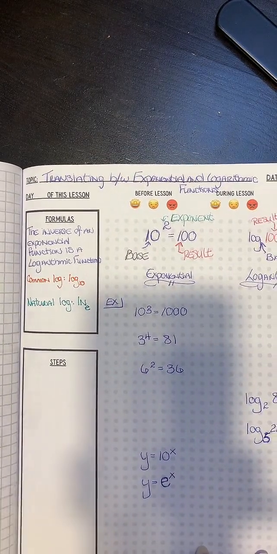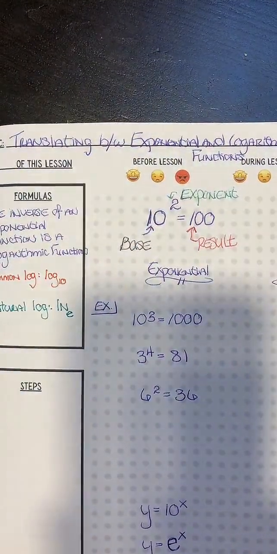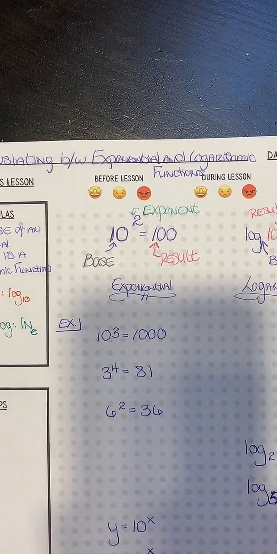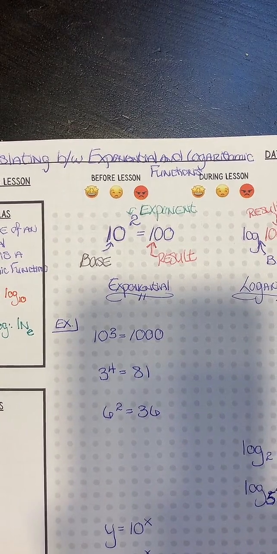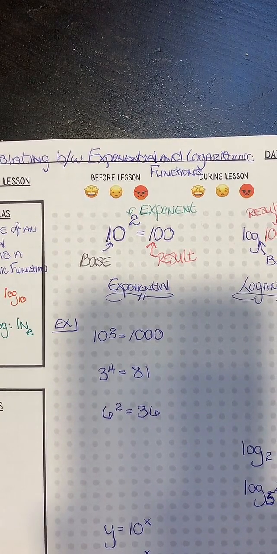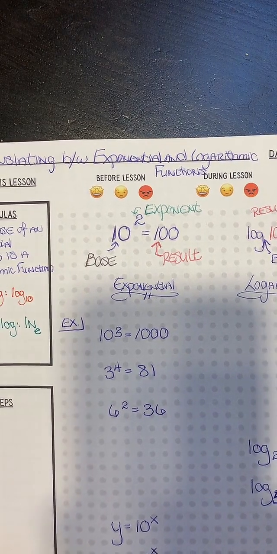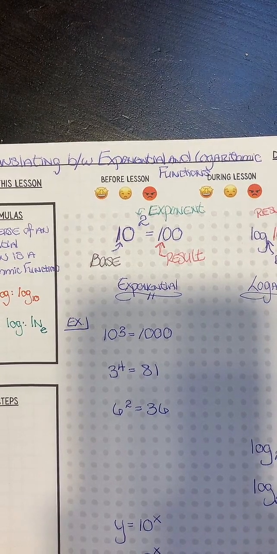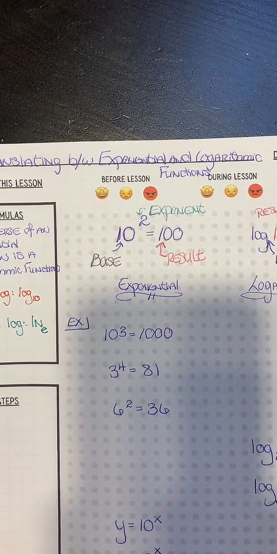So we are going to talk about translating from an exponential function to a logarithmic function. And you're probably saying, well, Audrey, what's a log? Actually, a log is the inverse, just like how addition is the inverse of subtraction and division is the inverse of multiplication and vice versa.